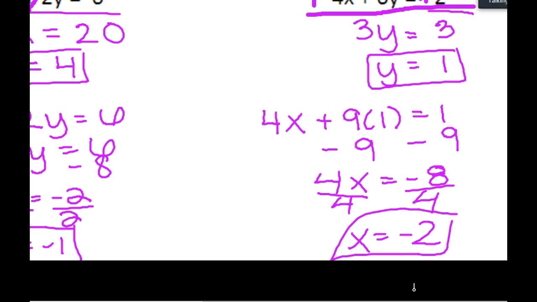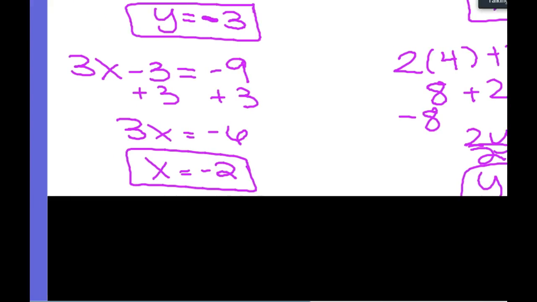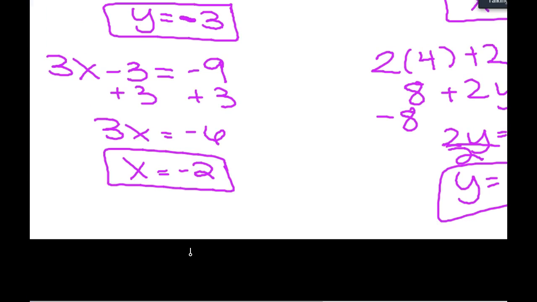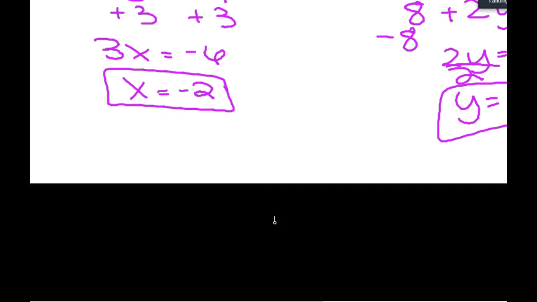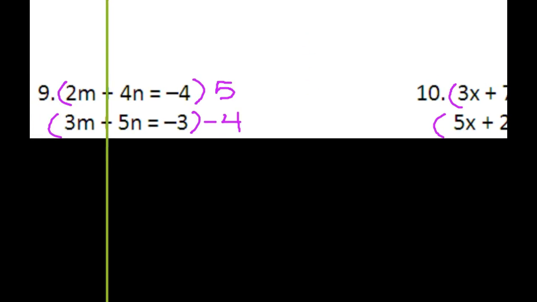Next example, which variable am I going to eliminate? Because they do eventually get a little trickier. What happens in this example is that the variables no longer cancel each other.